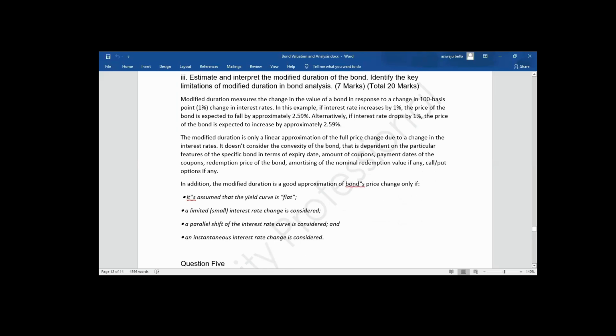A parallel shift of the interest rate curve is considered under modified duration. And lastly, an instantaneous interest rate change.